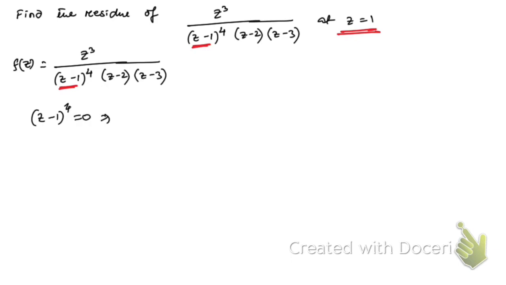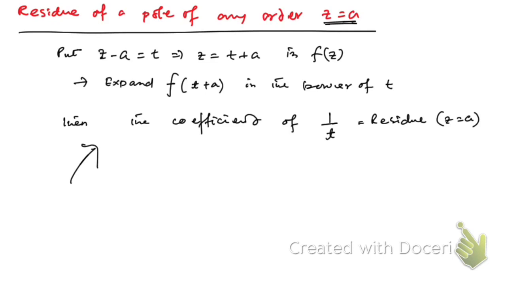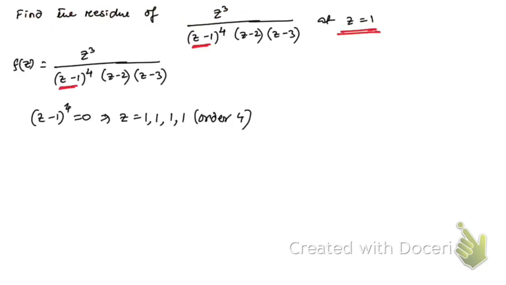So from here we're going to get z is equal to 1, 1, 1, 1. That's going to be order 4, right? So if the order is 4, then if we apply this rule, 1 by 4 minus 1 factorial, we have to differentiate 3 times. So instead of doing that, we're going to apply the rule that I have mentioned here. So how to do that?